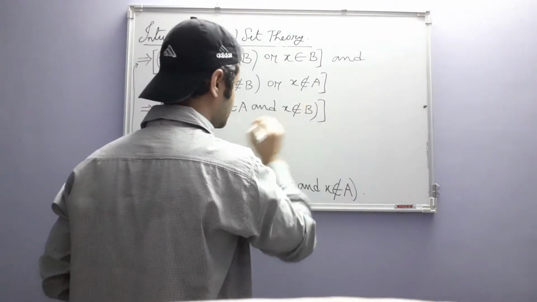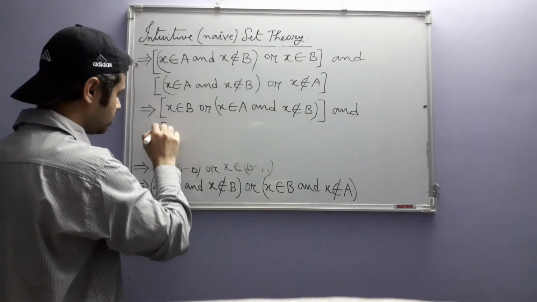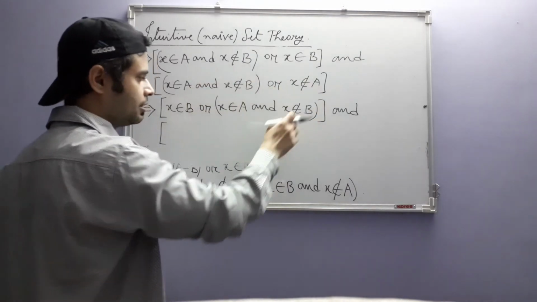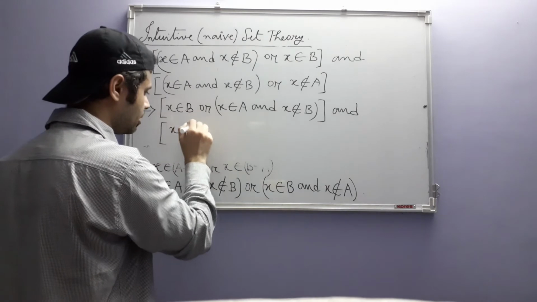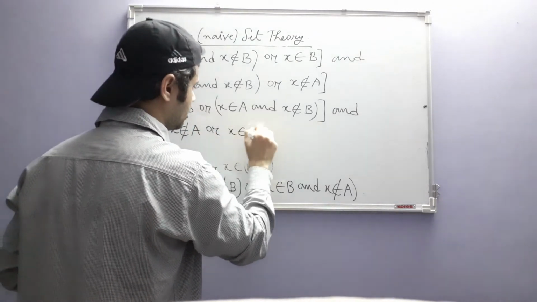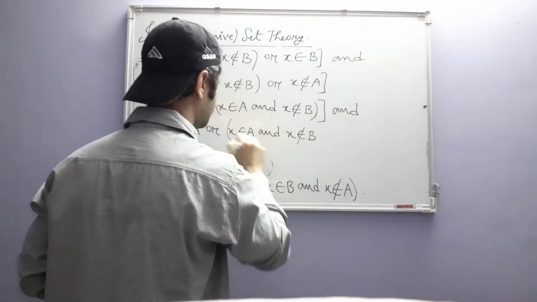They keep track of the things. Without the brackets, we will immediately get confused. Similarly, we do here. P or R is the same as R or P. So X does not belong to A, or X belongs to A and X does not belong to B.